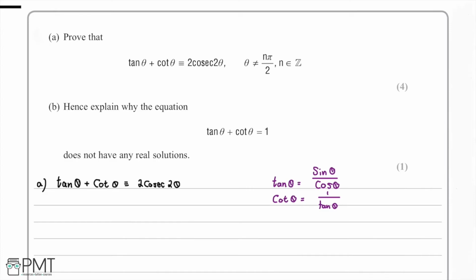But we have just written that tan theta is equal to sine theta over cos theta. So that means we can rewrite cot theta in terms of sine and cos, but this time it's 1 over tan theta, so we flip this fraction, so cot theta is actually equal to cos theta divided by sine theta.